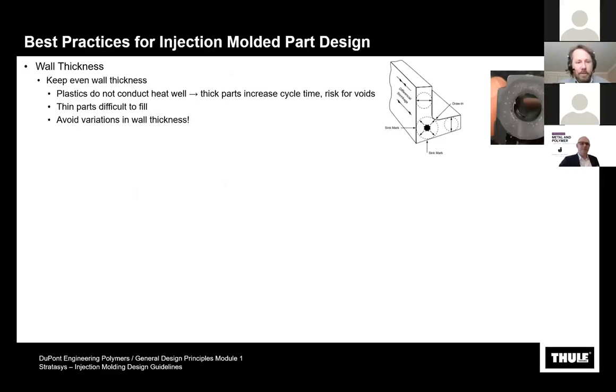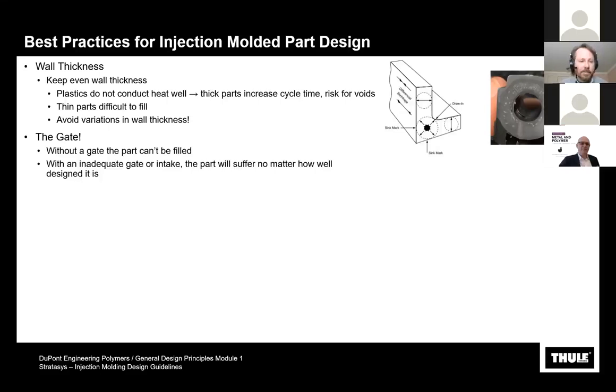As was mentioned already, plastics do not conduct heat well, so thick parts take a longer time to cool, increasing cycle time, increasing cost, but also thick parts give a risk for voids, as Professor Kadir also explained already. But then at the same time, thin parts are difficult to fill, but the takeaway really is avoid variations in wall thickness. Try to maintain even wall thickness throughout the part.